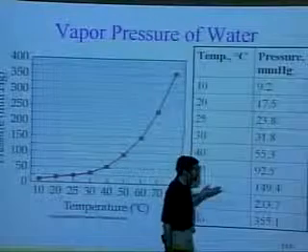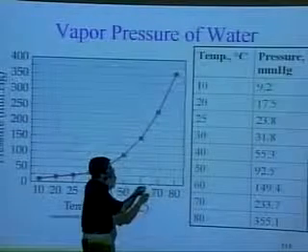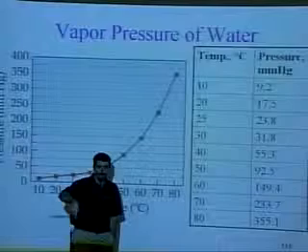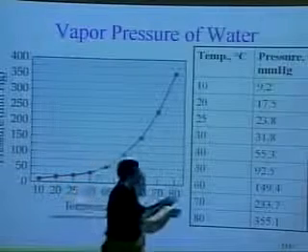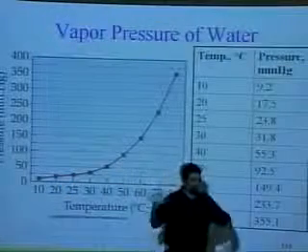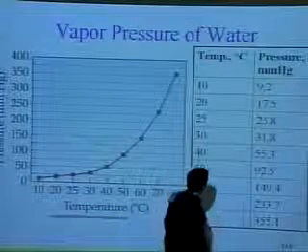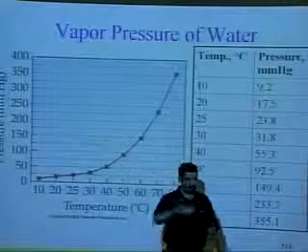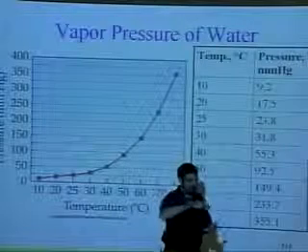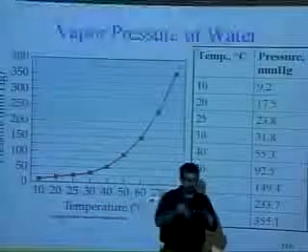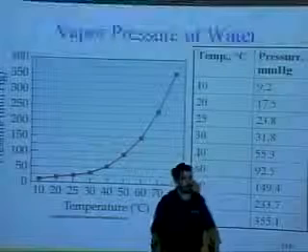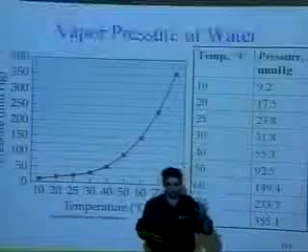Okay, so that's already done for you. You just got to look it up. So notice at 25 degrees Celsius, which is about right here, about room temperature or so, out of atmospheric pressure, 760 on average millimeters of mercury, 23.8 millimeters of mercury of the total pressure will be attributed just to the hovering water molecules, not everything else.